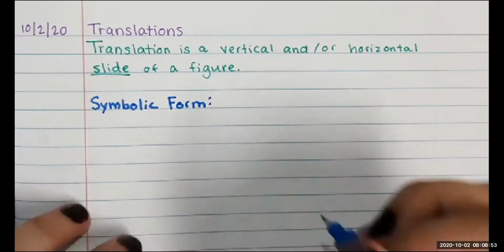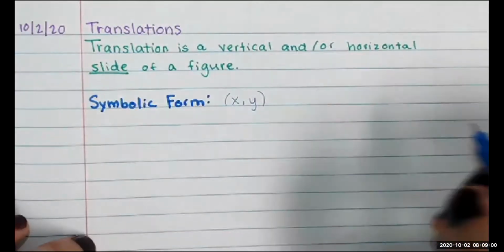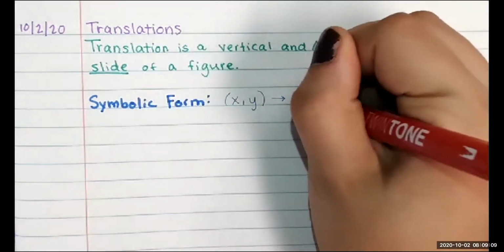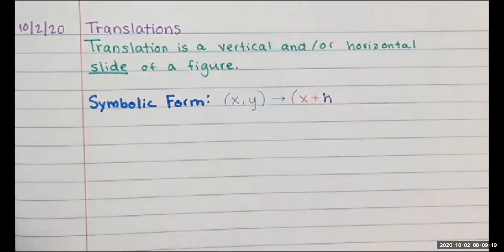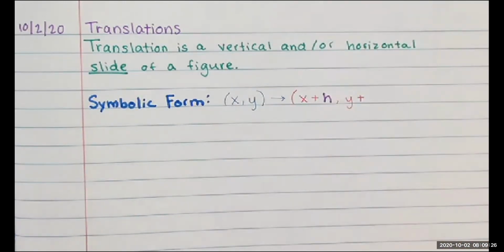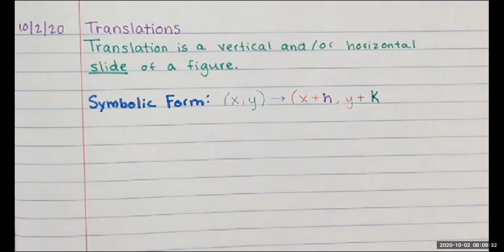So if you start with point X, Y, and you map it onto a point X plus H, comma, Y plus K. So these H and Ks represent that horizontal and vertical displacement or change.